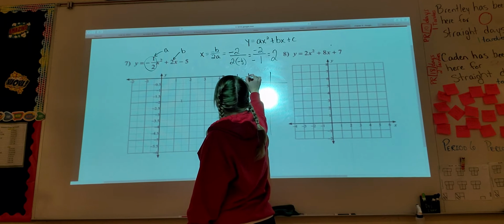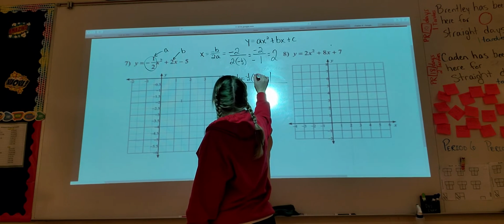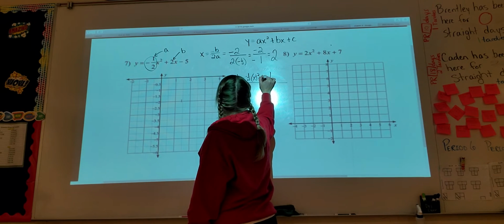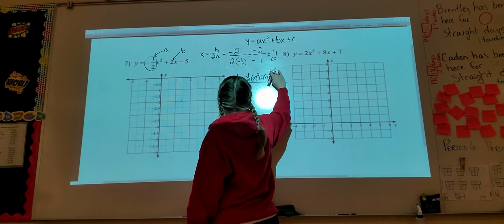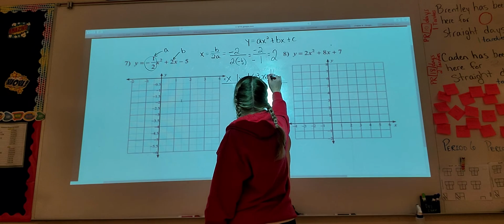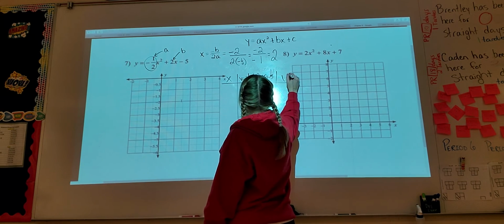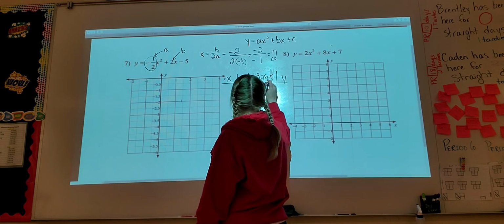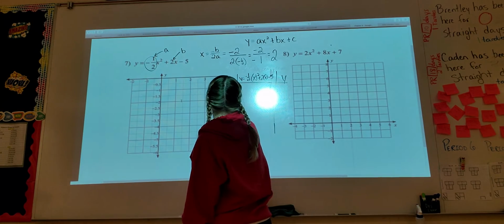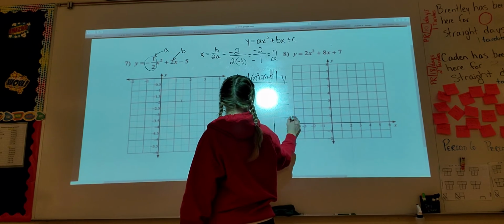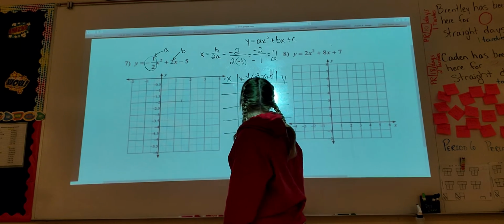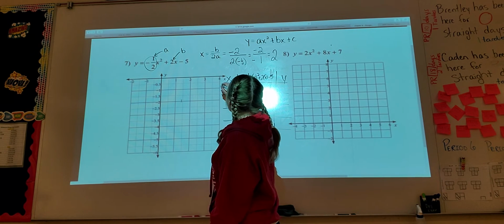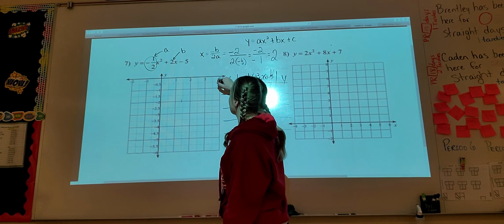y equals -1/2 x squared plus 2x minus 5. Okay, so I'm going to make the table this time. My vertex point is always going to be my first one.